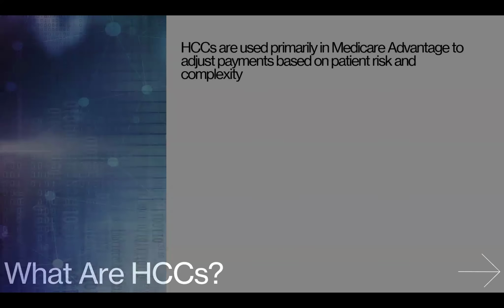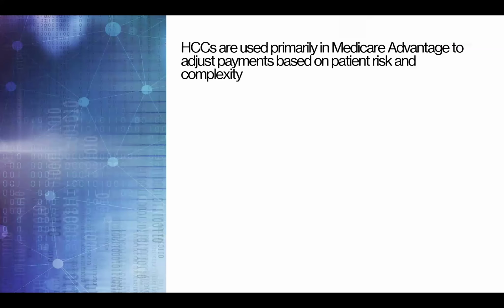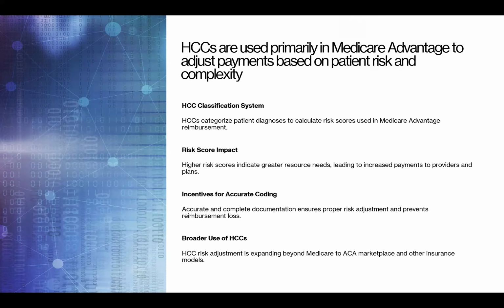So what are HCCs? They're used primarily in Medicare Advantage to adjust payments based on patient risk and complexity, based on the premise that the sicker the patient, the higher the risk score. You can think of them in some ways like DRGs, except they're cumulative.